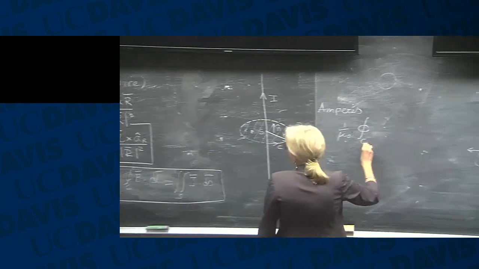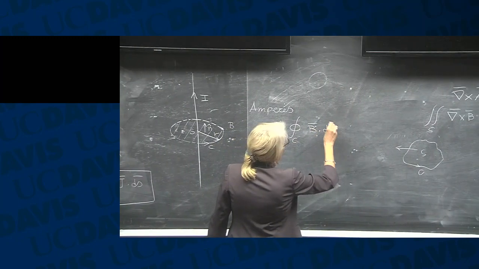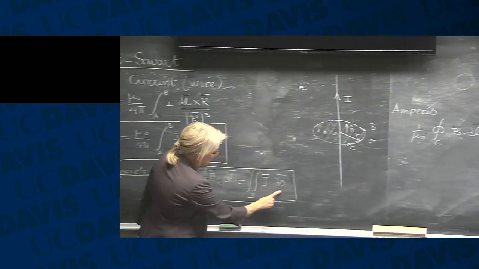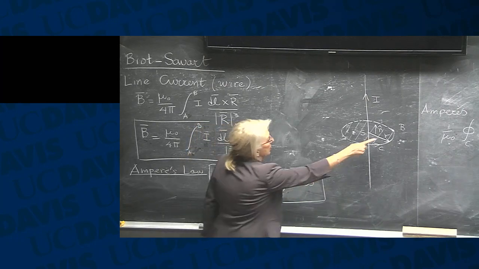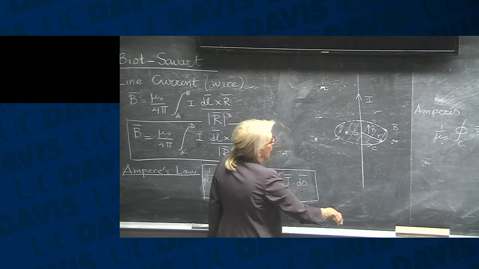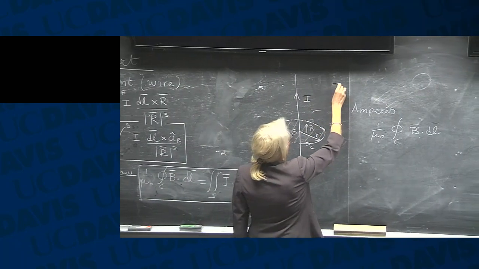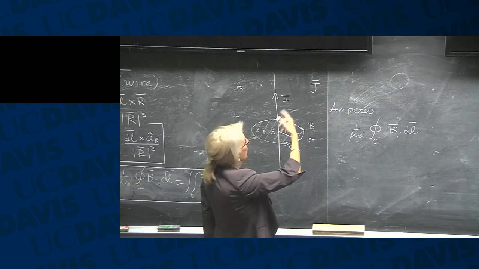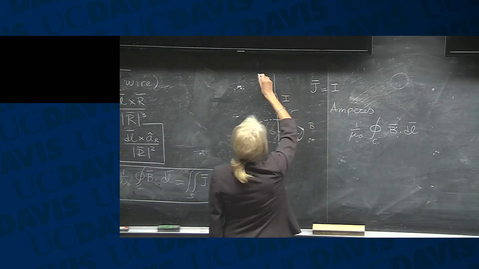And therefore, I write this, which is B dot dl, okay? And then, how much is this one through the surface? This is the surface. This is my current. And the current here, what is it, the value of the current, or the J? It's because it's a line current, okay? Practically, this is I along this direction.